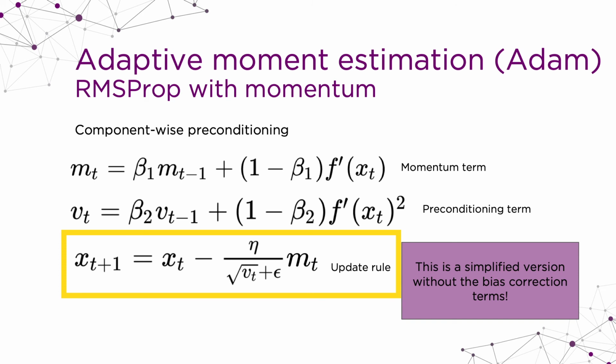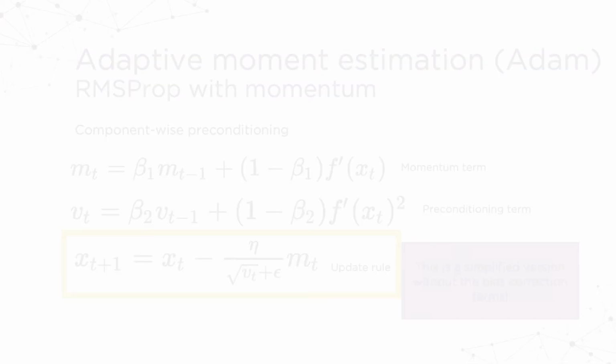Do not implement these three equations directly. There are two other equations that I did not cover. It's only because there's a problem with the initialization of m and v, and we must correct this problem. It will induce a bias in this quantity, and we must correct this bias with two other equations. But it's not really important, it's a detail.